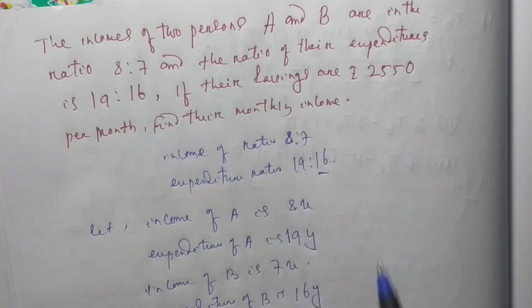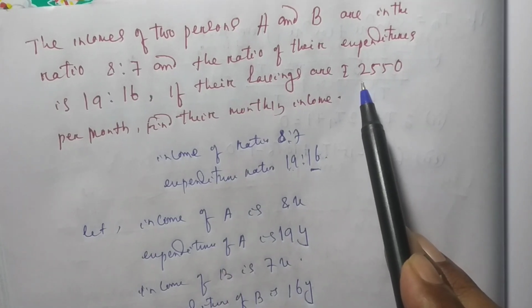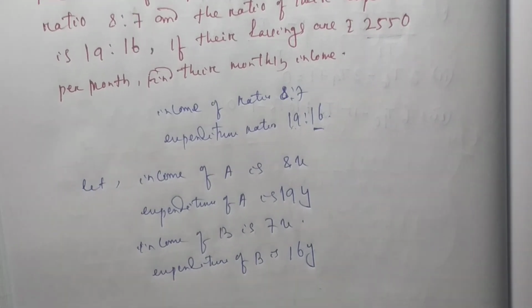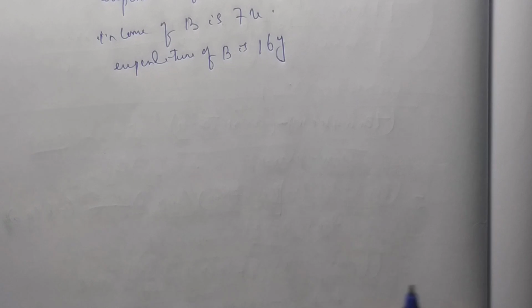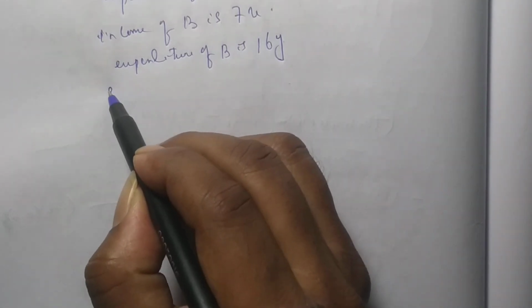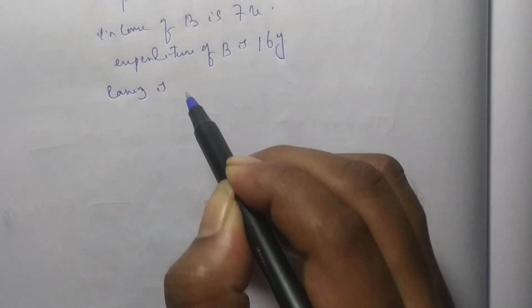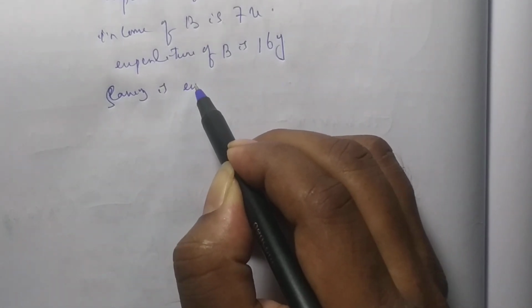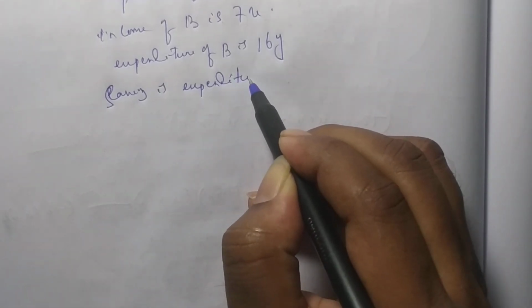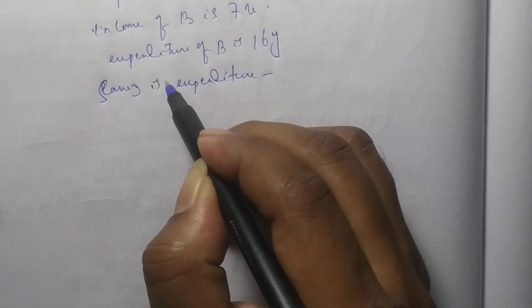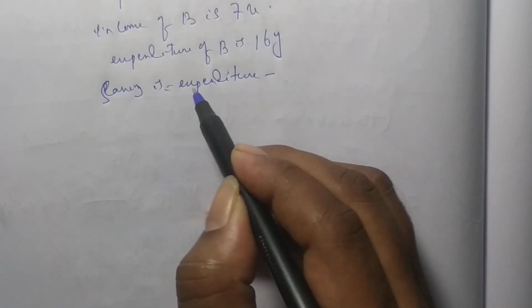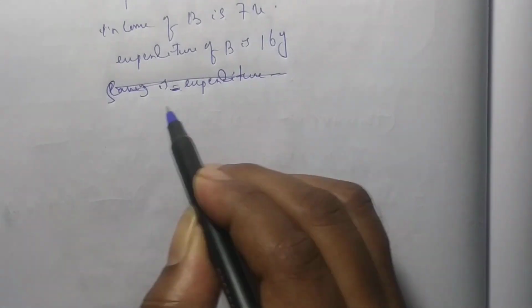If their savings are 2,550 per month, okay, so that saving is income minus expenditure.